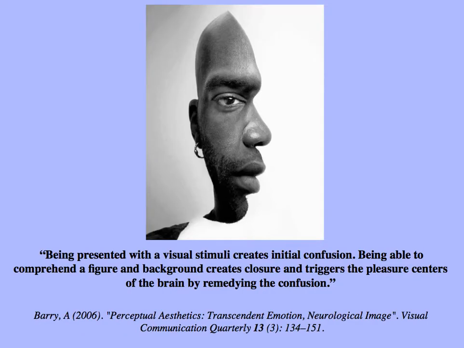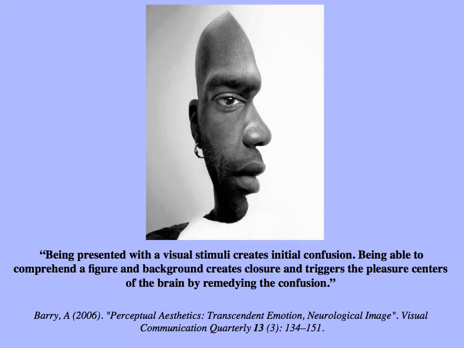All right, so this is interesting because being presented with a visual stimulus creates initial confusion, like in this case. Is this gentleman looking directly at me, or am I looking at his profile? Being able to comprehend a figure and background creates closure and triggers the pleasure centers of the brain by remedying the confusion.